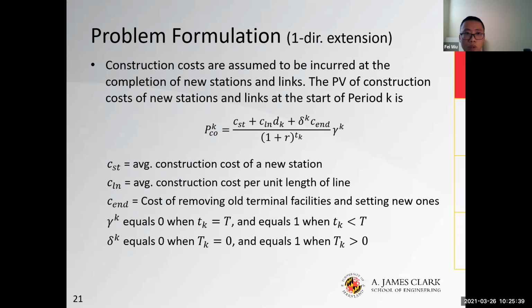For the construction cost in phase k, we are assuming that they are incurred at the completion of new links and stations. The construction costs include station construction cost, line construction cost, as well as the total cost of terminal facilities.